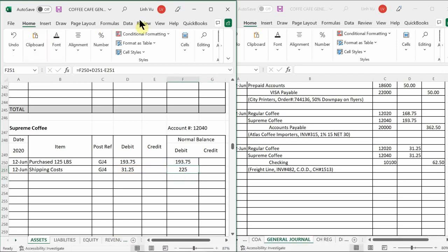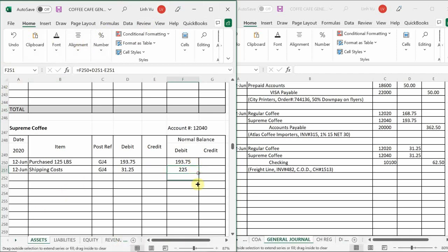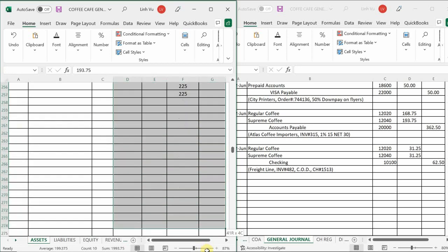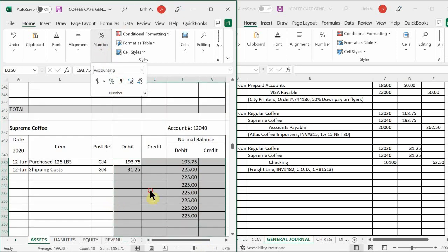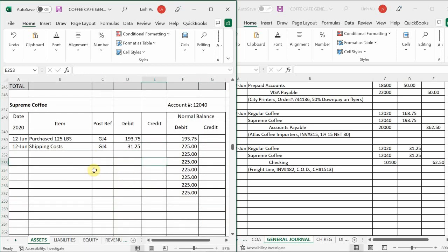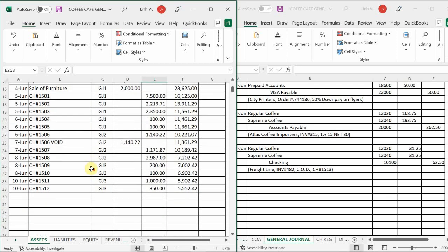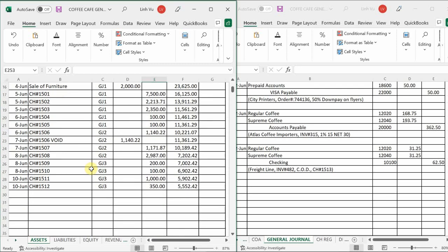Yes, $225. Again, I'm going to drag that formula all the way down. And of course, we can't forget to make a payment, or remove the money out of our checking account.